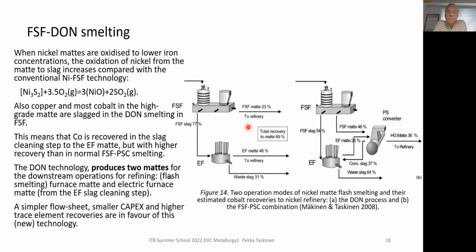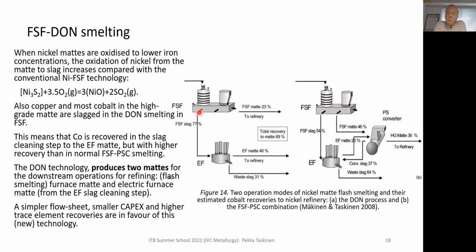It generates high-grade matte in one step in the flash melting furnace, which is sent to the refinery. And that means that we are oxidizing more nickel, more iron, more sulfur in the flash melting furnace than in the traditional flow sheet.